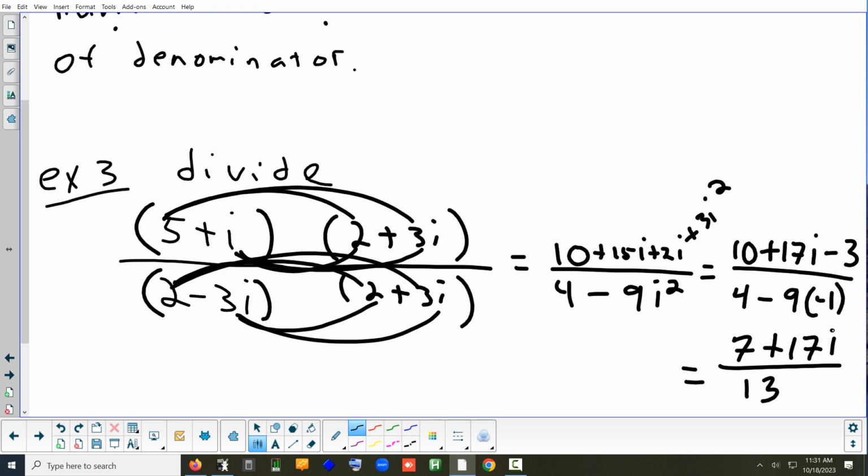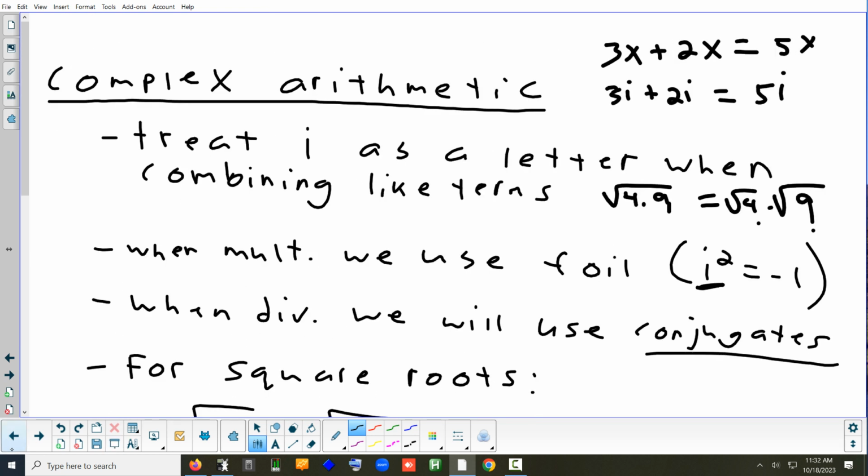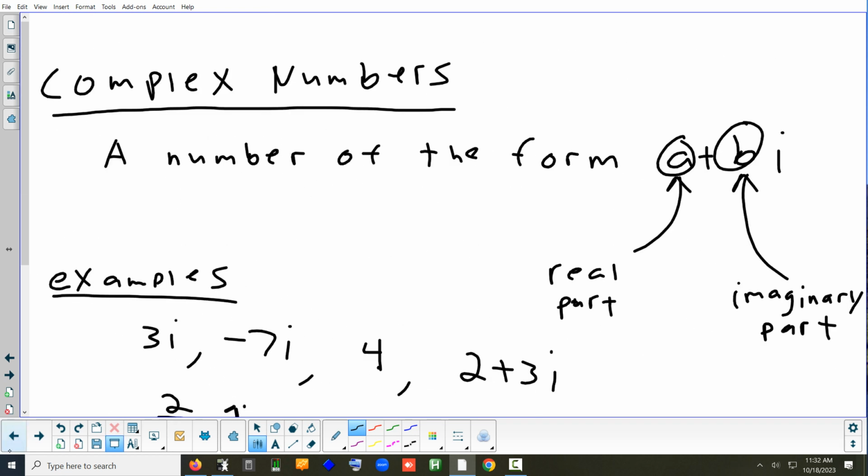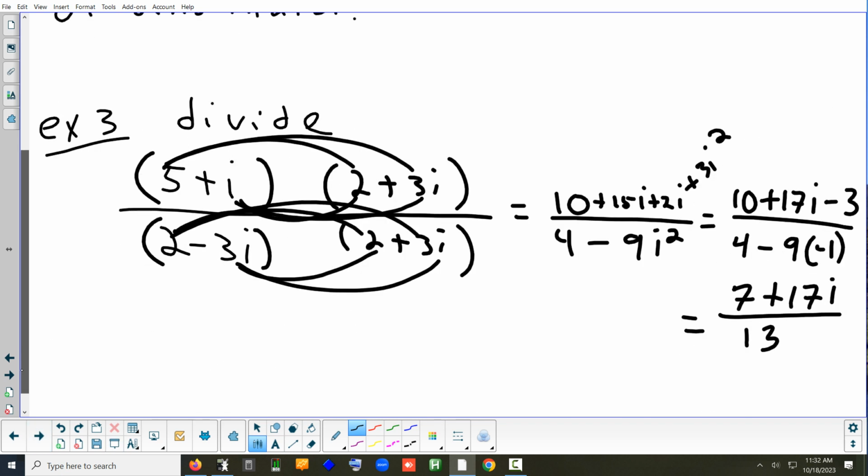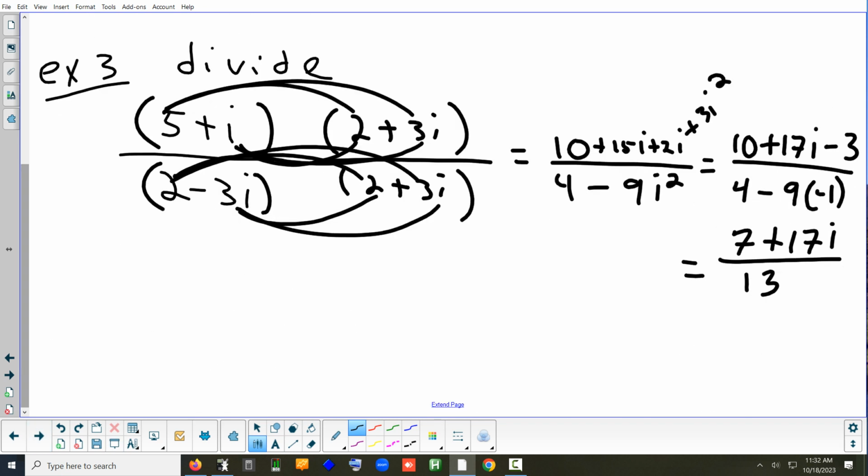Now, we basically have our answer, but we have to make sure we write it like I said earlier. Real part plus imaginary part should be separate. Let's look at our problem. Okay, the real part is 7/13. And the imaginary part is 17/13.